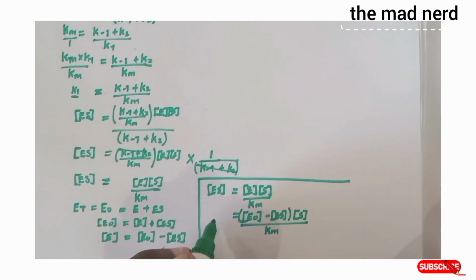So now, since we have the concentration of ES as this one, let's try to make E naught the subject of the formula, but not ES. Let's make E naught that one.